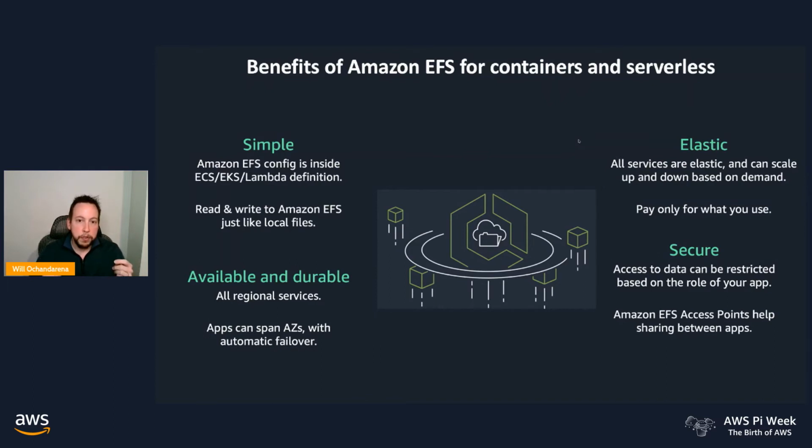So it becomes really simple to get started with and use for your application. The availability and durability of EFS pairs well with the regional services of Lambda and Fargate. So now you don't have to care which availability zones your instances or your invocations or your containers spin up in, because the files are everywhere. All of them are elastic, so you'll only pay for what you use, and they're elastic in separate dimensions. So if all of a sudden you have a bunch of new data, you just need to scale out your file system.